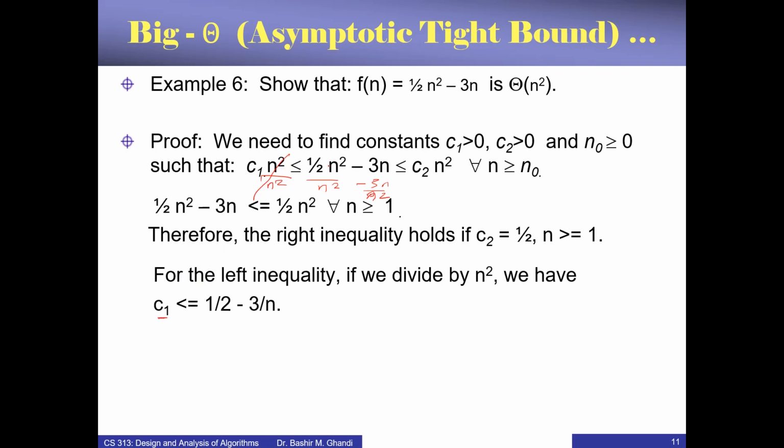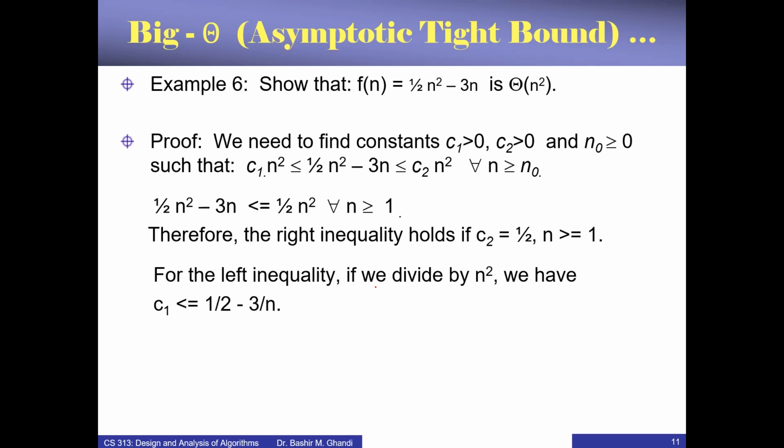Here n squared will cancel out, so you have half. But here n will cancel one of the n's in the n squared, so we are left with 3 over n.